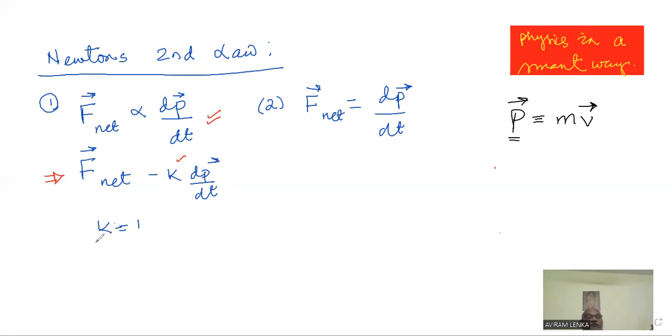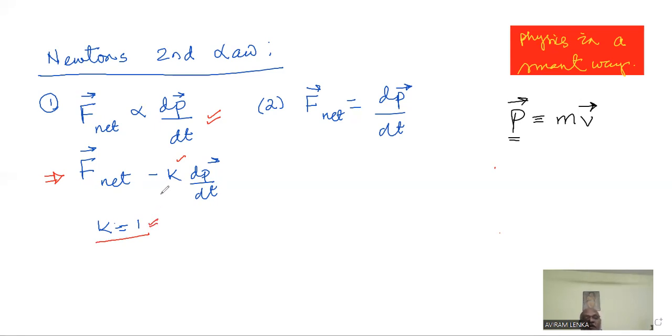And then it claims that the old masters like Newton selected the value of the proportionality constant very judiciously, and made it 1.